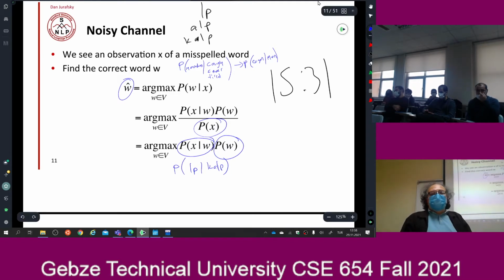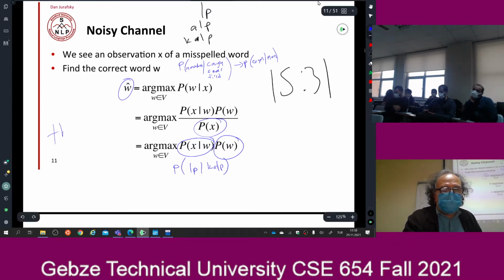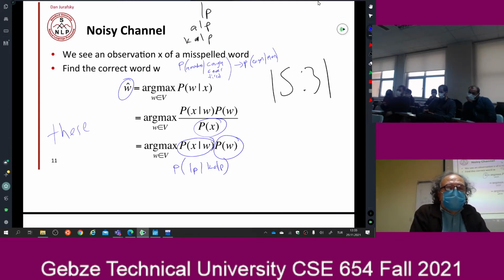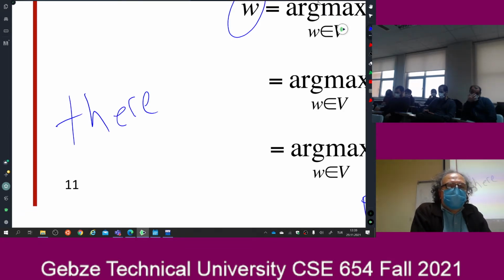For the other one, it is relatively easy to calculate because given a word, for example, there, I can keep statistics of how people write this word. Some people write this word as these. In fact, it looks like these. This is the letter R, and this is not O, this is E. So some people write this as these, or sometimes this, that, sometimes 3, etc. So I can keep that kind of statistics between the meaningful words.